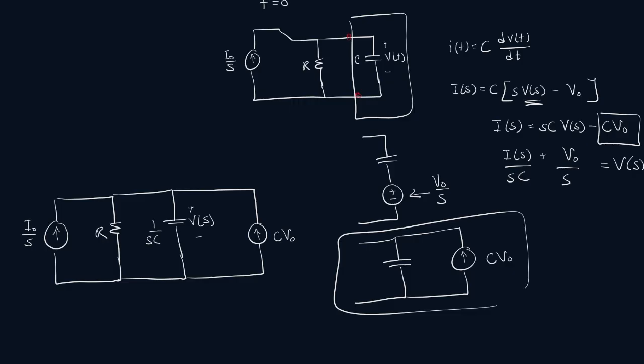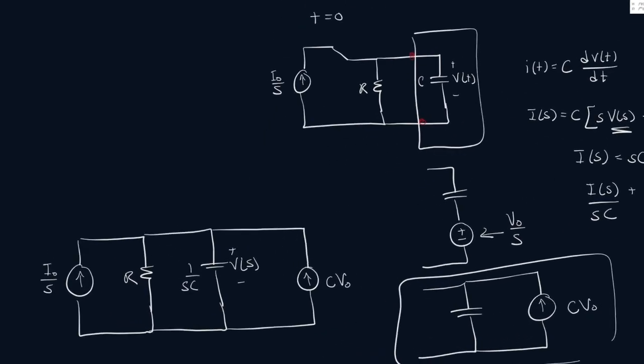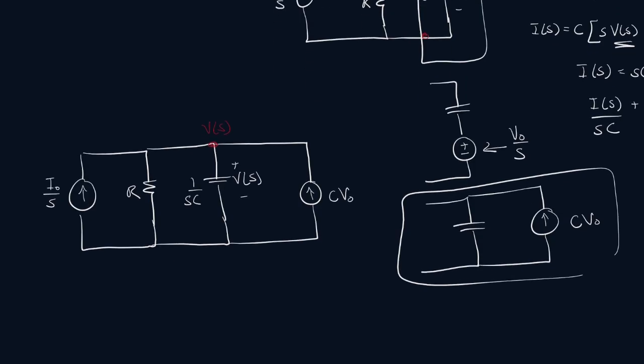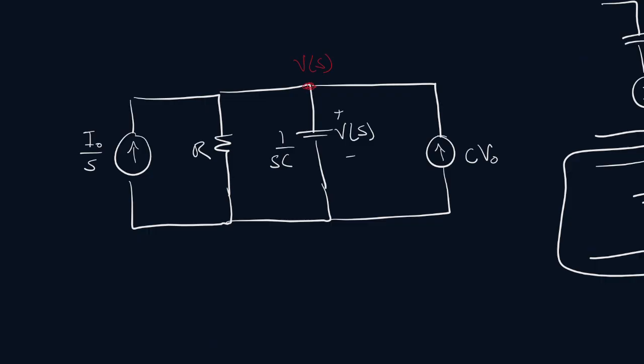Alright, now we're trying to get an equation to represent V of s. We see V of s will be represented by this whole node here. So let's have a current moving in this direction, a current moving in this direction, and we have these two moving in this direction.